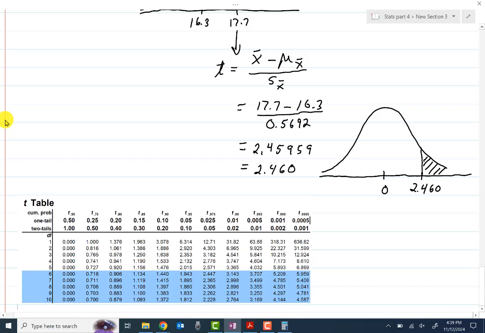They didn't give us that. They gave us this in the problem, n equals 10. Well, the degrees of freedom simply equals n minus 1. So the degrees of freedom is 9. So that means I'm in this row. What I try to look for, if I can, is 2.46 in this row. So as I go, I notice it's between these two values here.